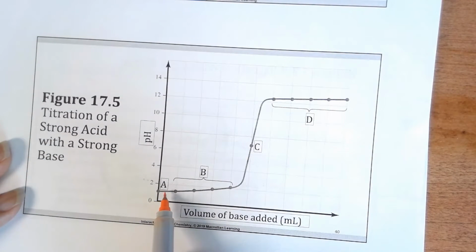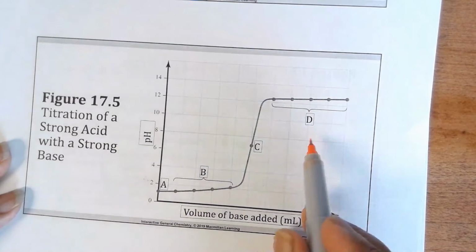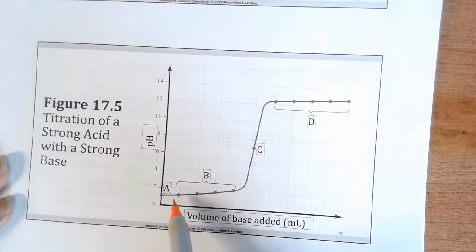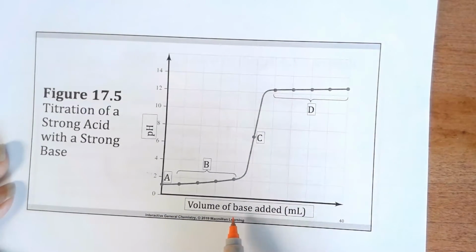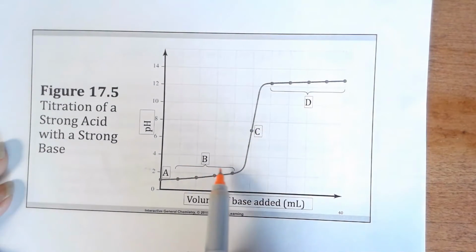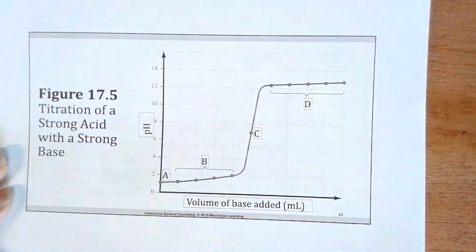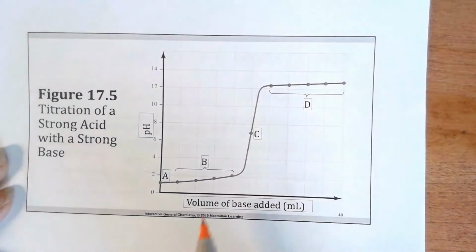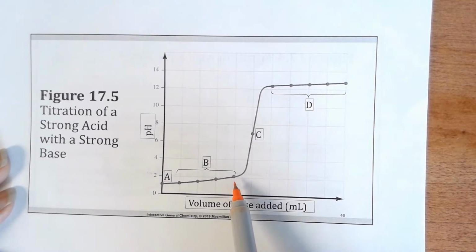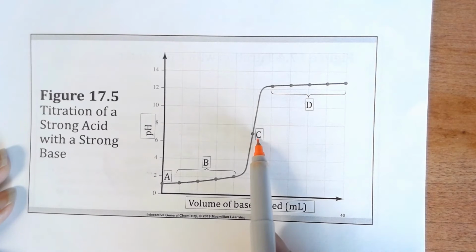And there are 4 regions of the titration curve: A, B, C, and D. A is before you add any base to the acid, and region B is after you add a drop or an ml of the base, or it could be anywhere from adding a drop or ml of a base to adding a few ml of the base, but clearly it should be before the equivalence point.